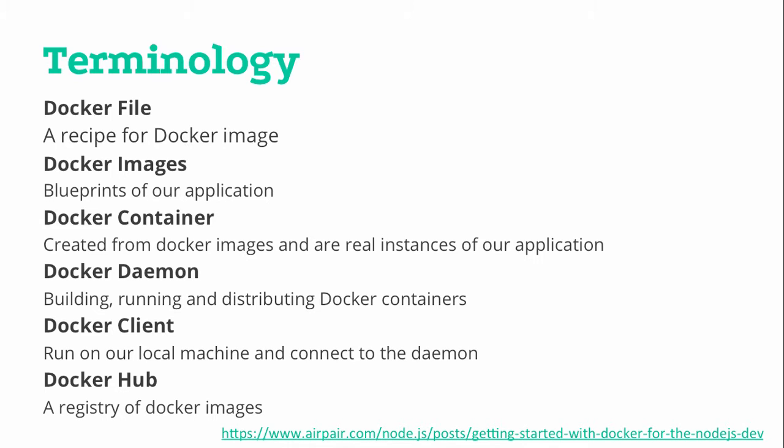Docker images are basically the blueprints of our applications, and Docker containers are running instances of these Docker images. Docker daemon is what is doing the heavy lifting of building and running Docker containers. Docker client is what we have on our local machine that actually connects and works with a daemon. And Docker Hub is a registry of Docker images.